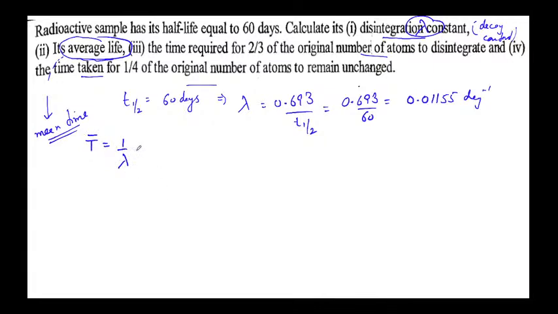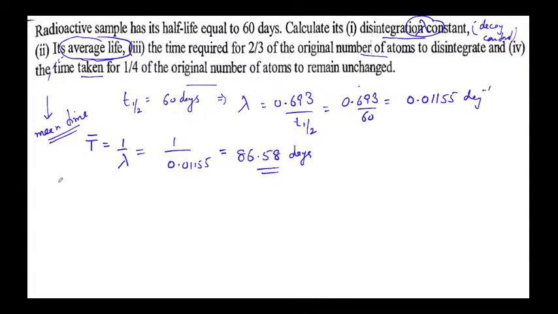So this will come out to be 1 over 0.01155. So the mean life, average life, will be equal to 86.58 days. So this will be the average life of that radioactive sample whose half-life is equal to 60 days.